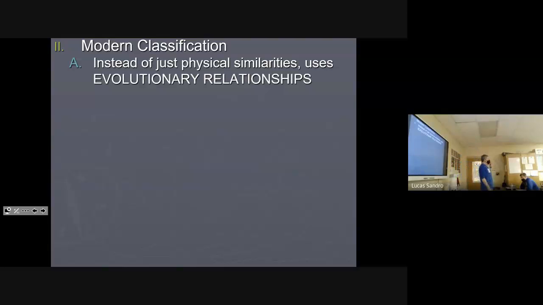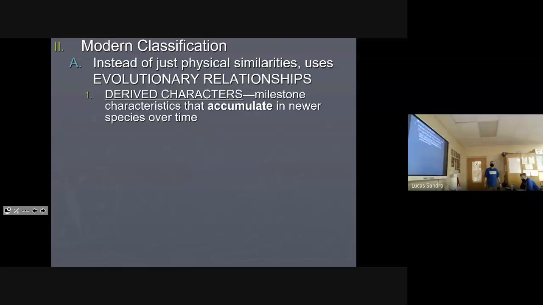One of the ways we use to draw lines between classification groups is what we call derived characters. I don't know why they don't use the word characteristics, because that would make more sense to me. But derived characters are characteristics that we consider basically milestones that kind of show up and then don't go away.